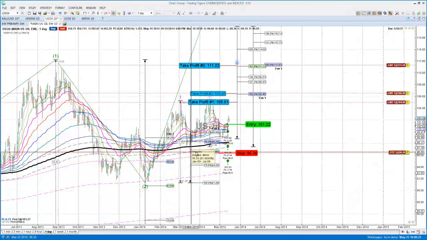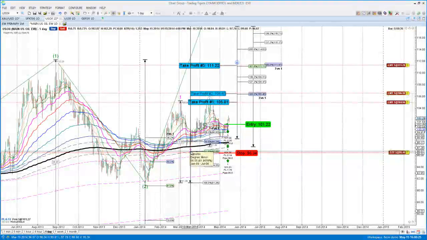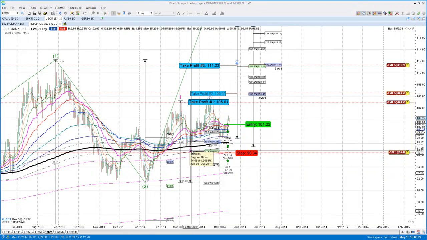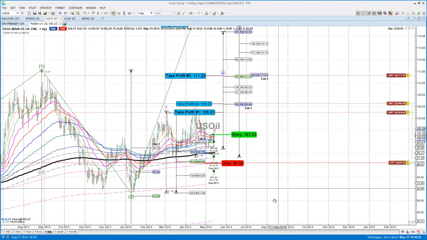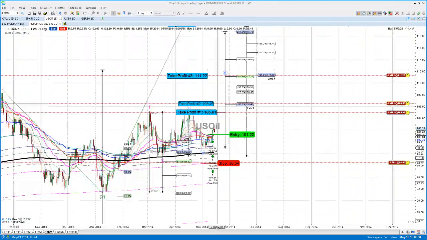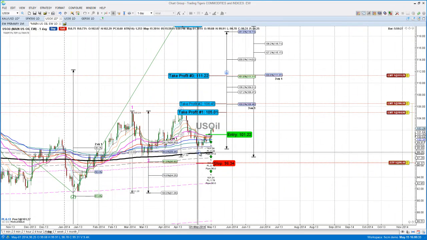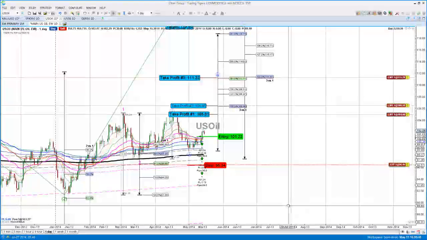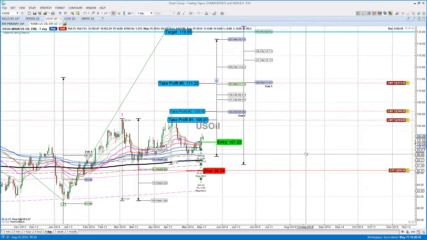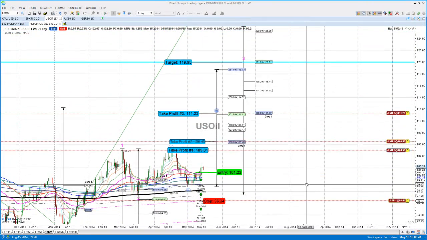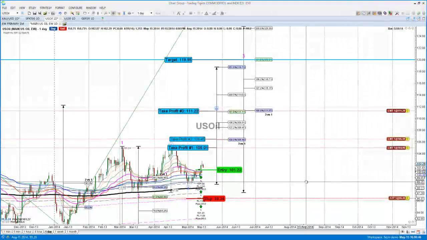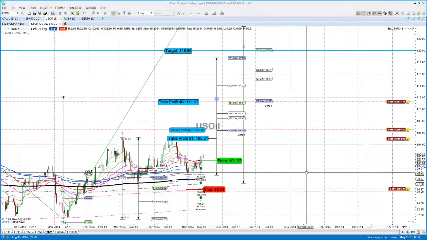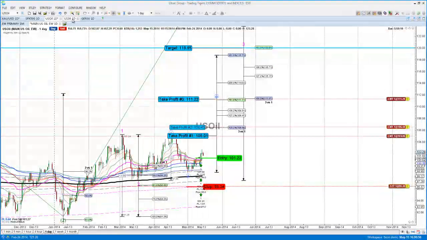The wave 3 of the minor is the green in brackets, and if we break that down further, we can see the blue minute degree is also in a wave 3. So we're in a wave 3 all along, and we can just hope that could be a very strong move up to hit our necessary targets. So I'll be very excited about when this trade comes into fruition.